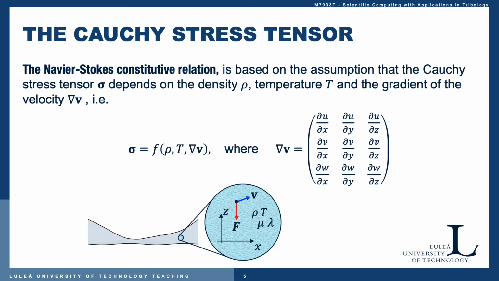And the gradient of the velocity is shown here as a matrix, because the velocity is a vector itself.